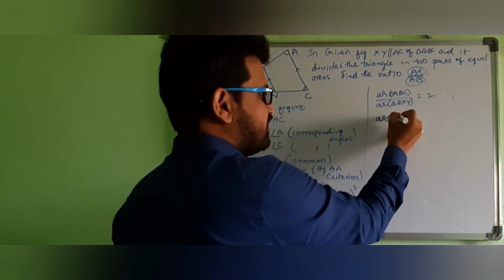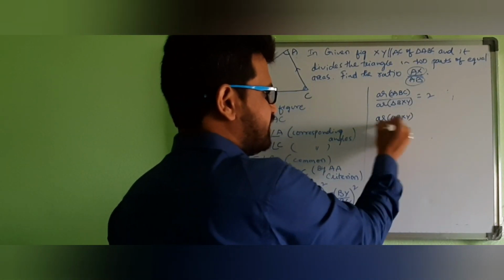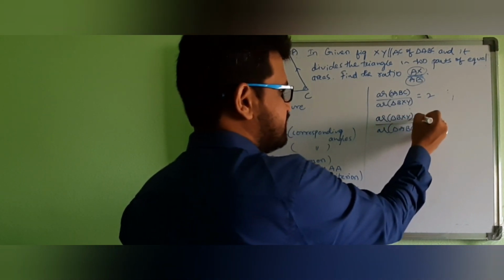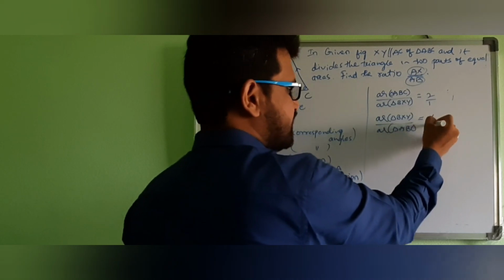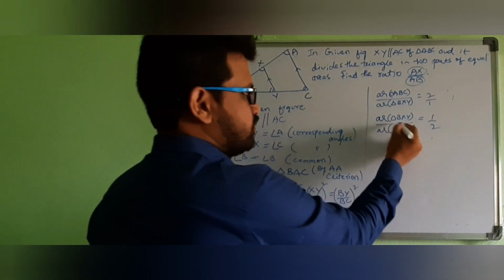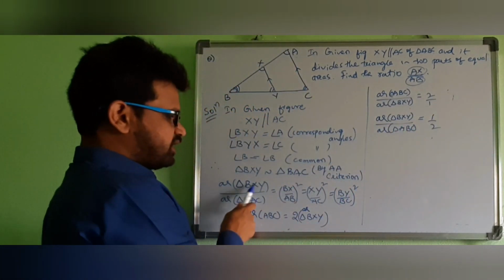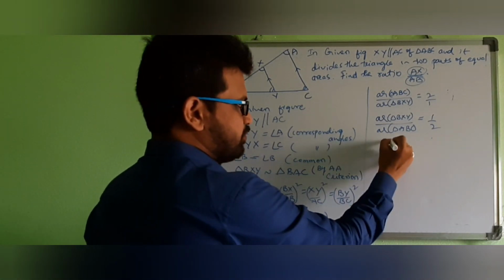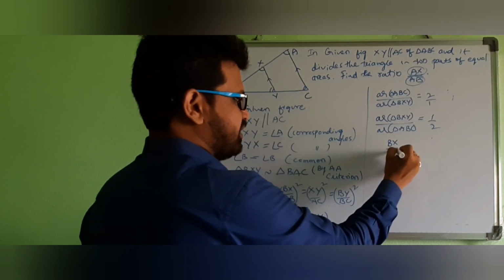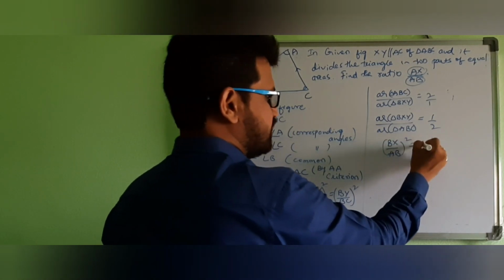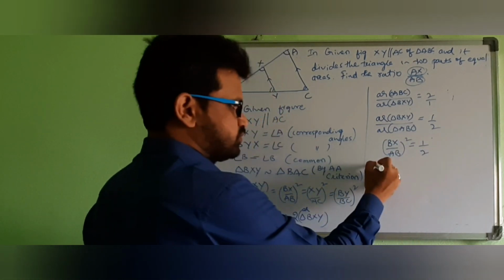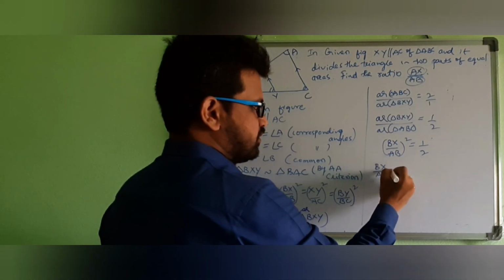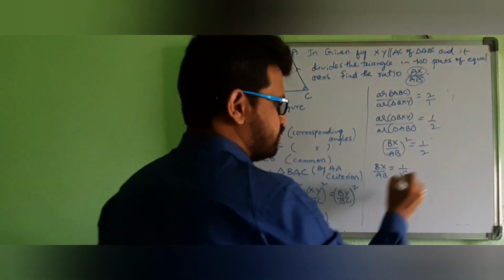Area of triangle BXY divided by area of triangle ABC is equal to, doing the reciprocal here also, we get 1 by 2. So area of triangle BXY divided by area of triangle BAC, we can write as BX by AB whole square is equal to 1 by 2. So BX by AB is equal to 1 by root 2.